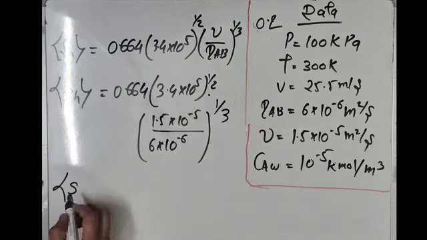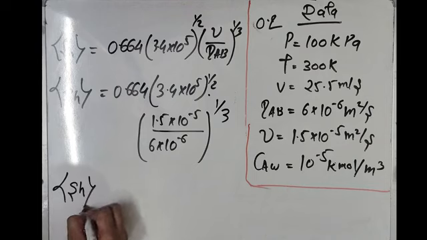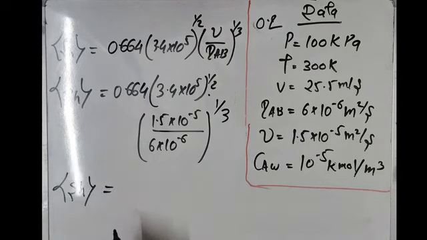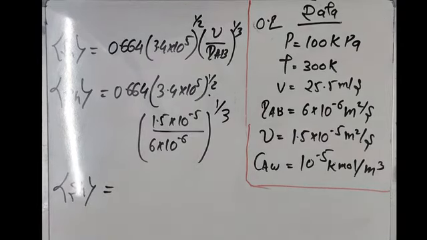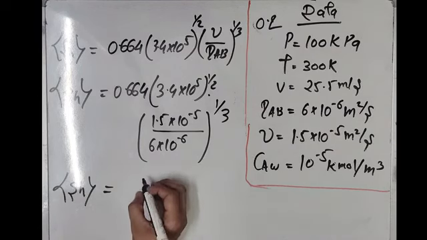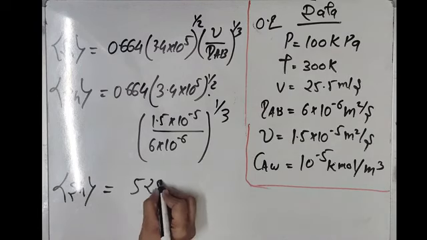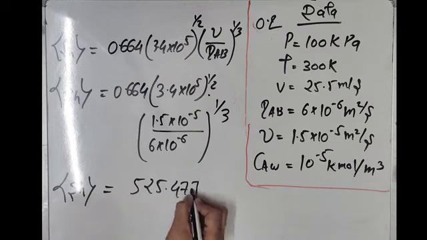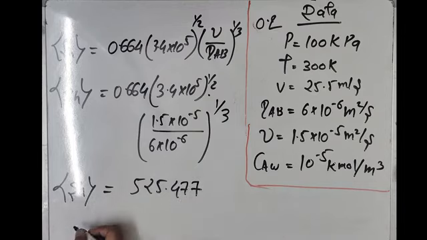After calculation, the value comes out to be 525.477. Now we will write down the formula for the Sherwood number.